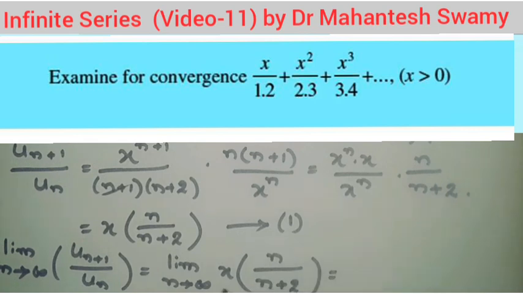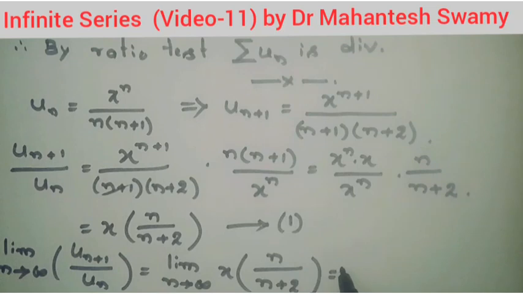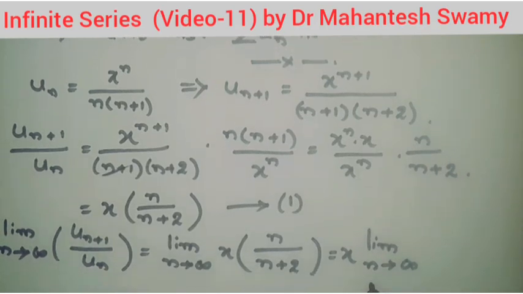Now x is independent of n, so that can be taken outside. Here it is n in the numerator, and in the denominator, when we take n outside, here remains 1 plus 2 by n.